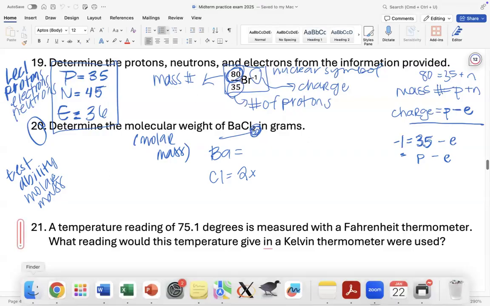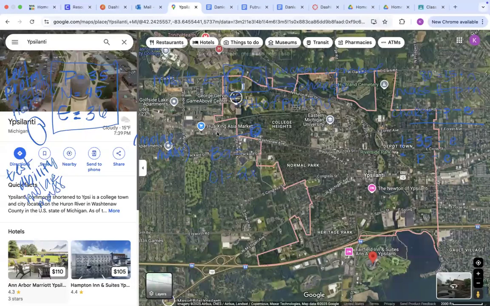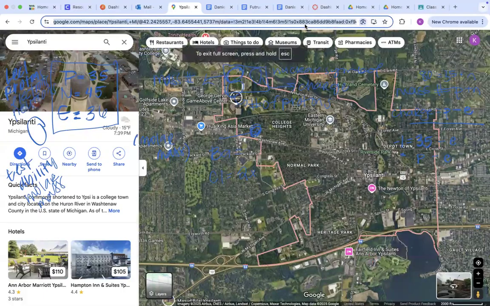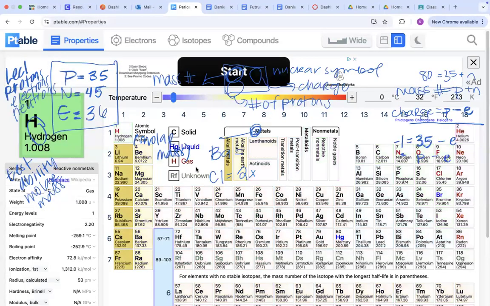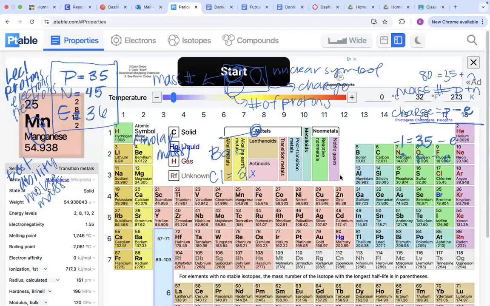All right. So this is where I would go to the periodic table. Barium, Ba. Oh, here it is. 137.33. And then chlorine, 35.45.